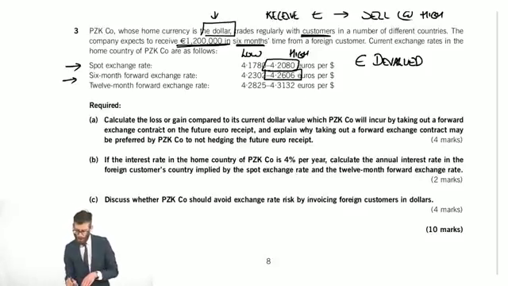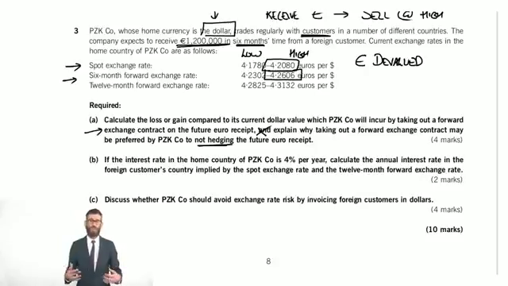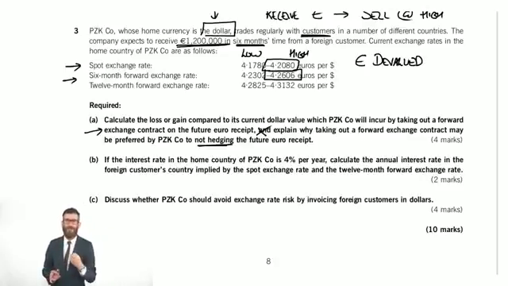Calculate the loss or gain compared to its current dollar value, which PZK will incur by taking out a forward exchange contract on the euro receipt, and explain why this may be preferred to not hedging. So the reason I started here is because this is a forward exchange contract. A forward exchange contract is inflexible. We are committed to it.